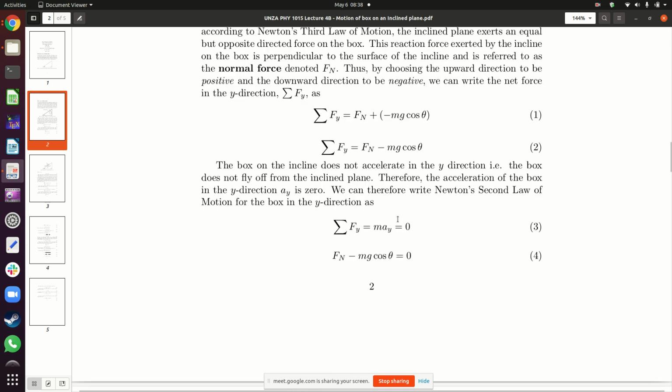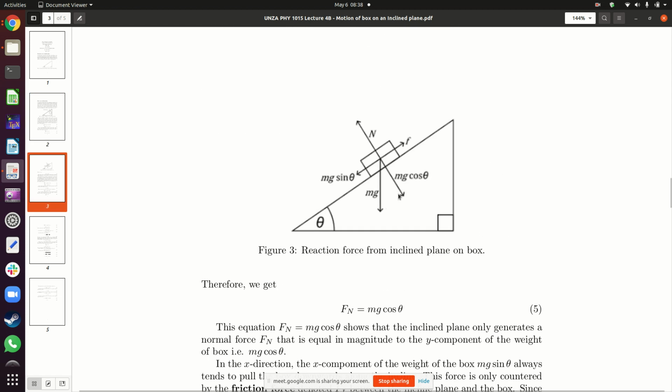We lifted it from down here and put it there. The size of the vector is still mg sin theta. The direction is still the same. It is still parallel to the incline. So if the vector is still parallel to the incline, then it has not changed. That's the one thing you can do with vectors.